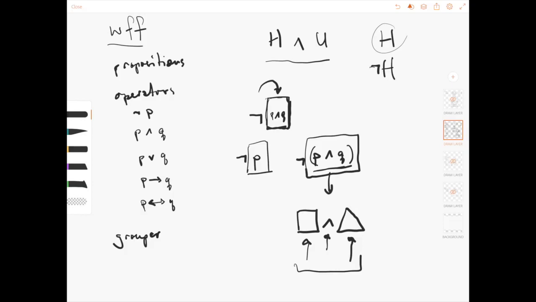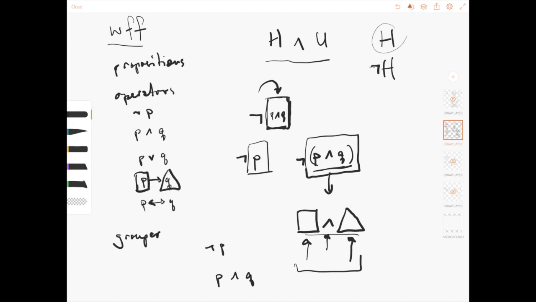So I hope you're beginning to see the idea here. A well-formed formula is either a proposition, and that's a constant or a variable like P, or what results from the proper use of an operator, like not P or P and Q, because that follows this schema, or P implies Q.